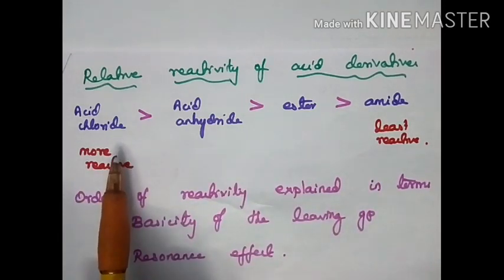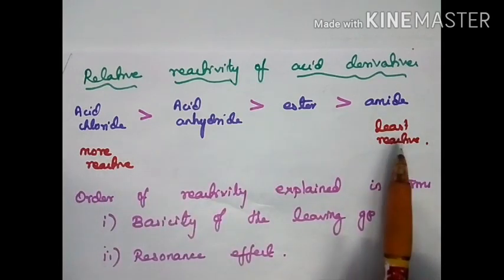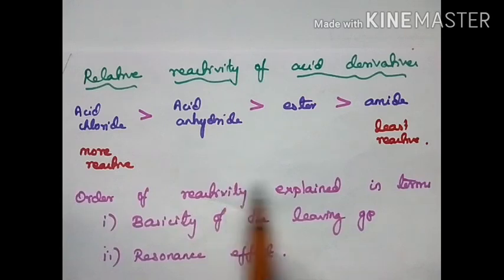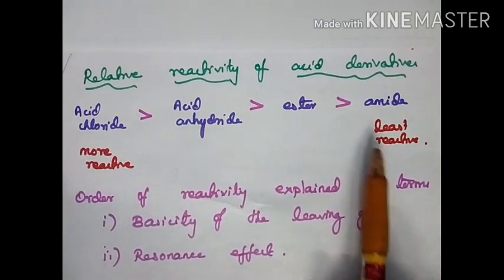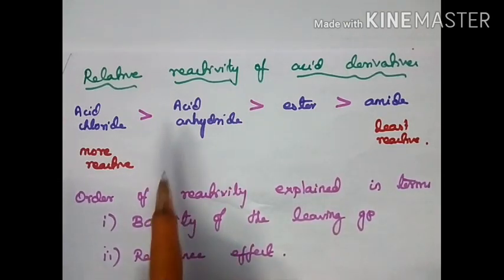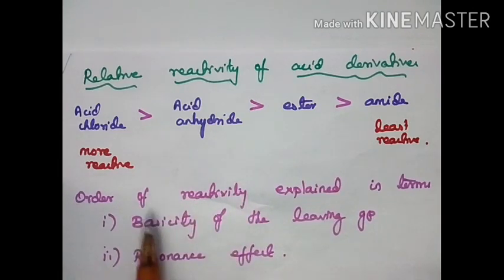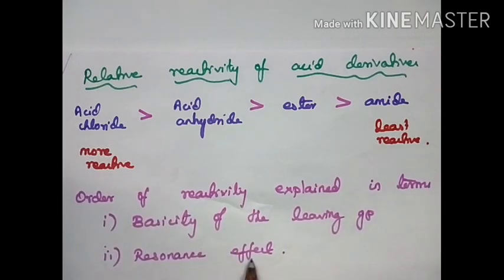Now, which is more reactive? Acid chloride is more reactive. Amide is least reactive. How is this order explained? On the basis of two concepts: the basicity of the leaving group and the resonance effect.